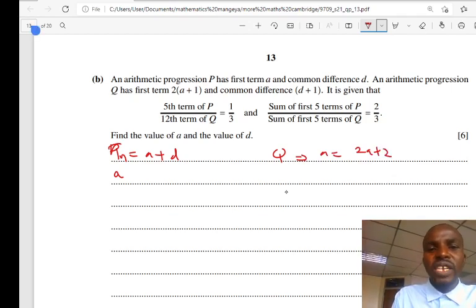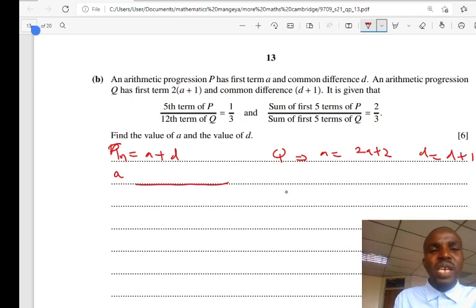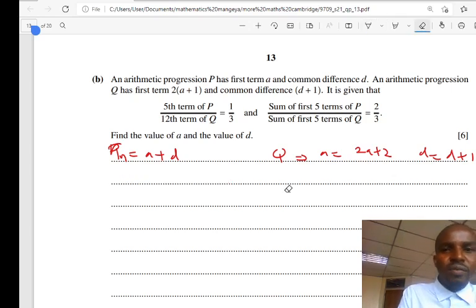Then the common difference is d plus 1. Then they say it is given that the fifth term of P, let me say T5 of P, is this one. Let me write that one first.